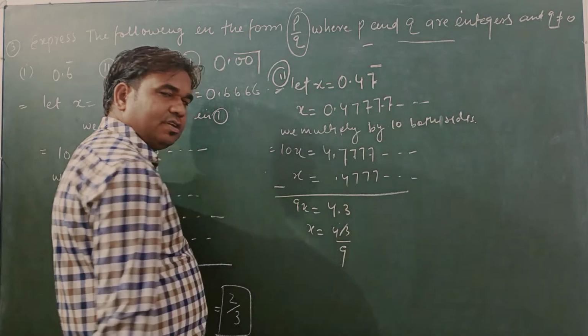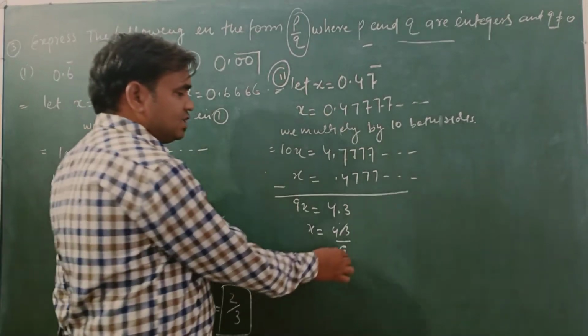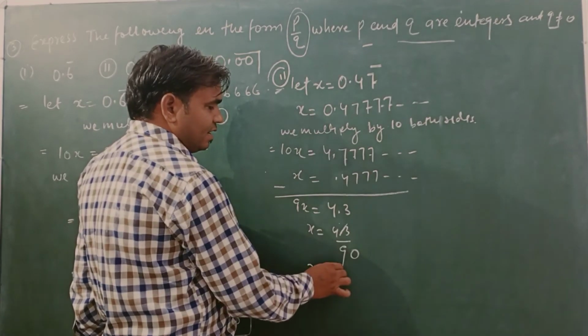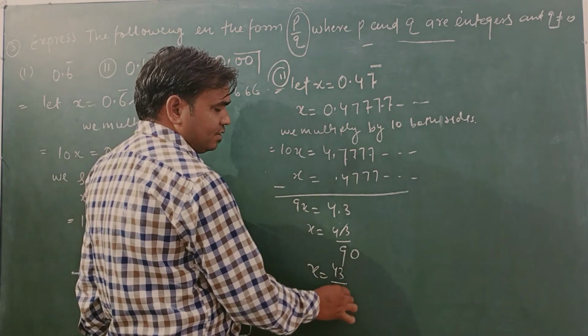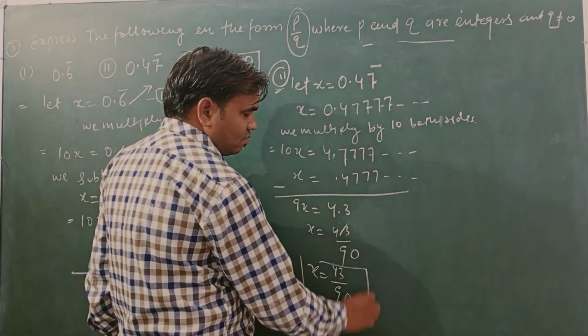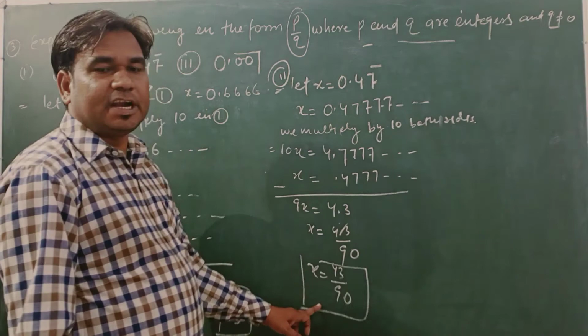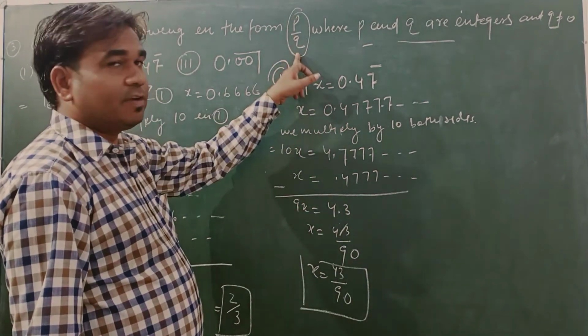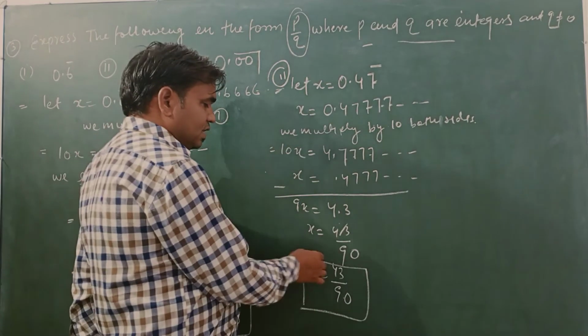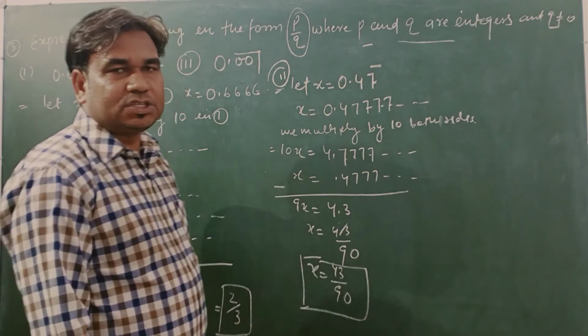Removing the decimal and adding a 0, we get 43 over 90. So this is already 43 over 90 in the form of p over q. This is the second part, students.